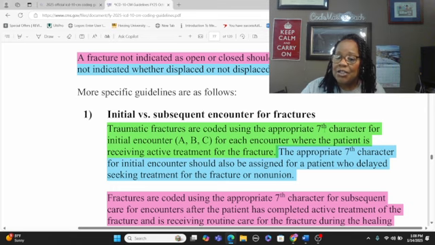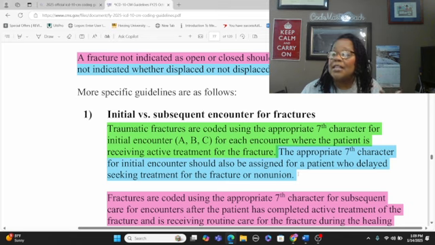So for the initial A, B, or C, for each encounter where the patient is receiving active treatment for the fracture, the appropriate seventh character for initial encounter should also be assigned for a patient who delayed seeking treatment for the fracture or non-union. So what that's saying here is, if you cut your finger, and I've known patients that have thought that if they could just run it under cold water, it would eventually stop bleeding, and they just wrapped it, but a week or two later they're noticing it's not healing.